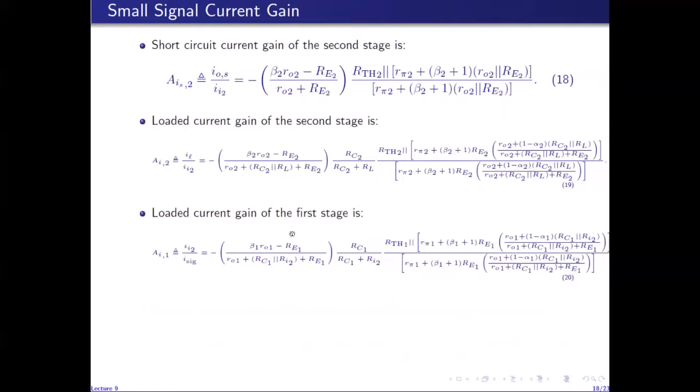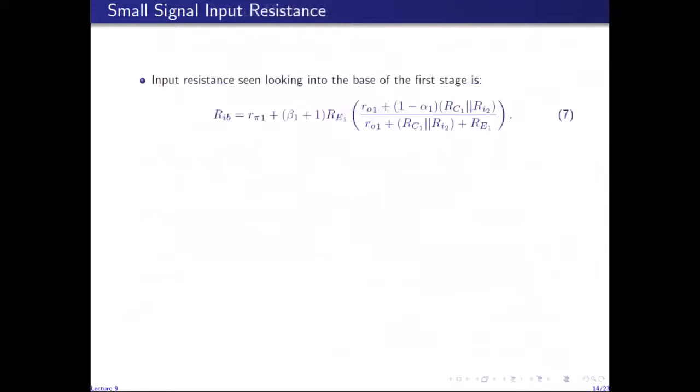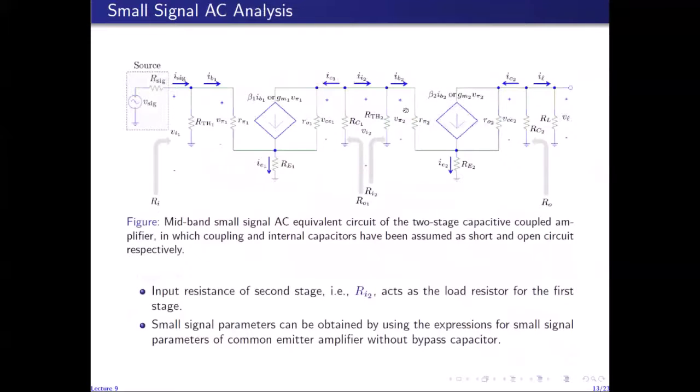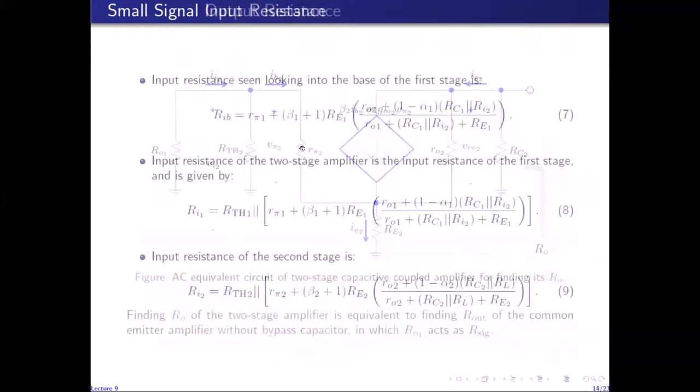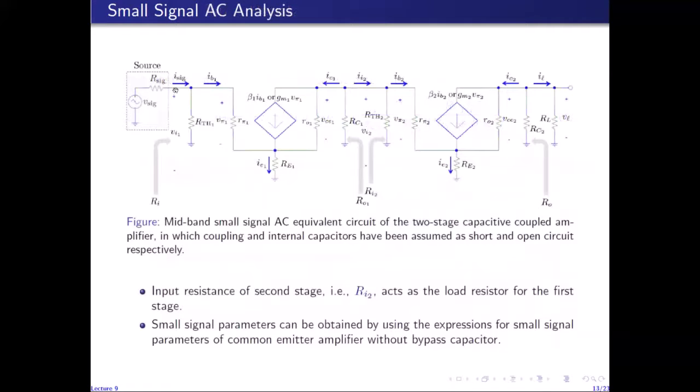And then we can find the loaded current gain of the first stage. The second stage acts as the load to the first stage, and the input current of the second stage is the load current of the first stage, because the input resistance of the second stage is the load resistance to the first stage. If I go back to the circuit, this input resistance of the second stage is the load to the first stage, and the current flowing through the input resistance is then the load current of the first stage. Also, I have designated the input current to the first stage as I sig.